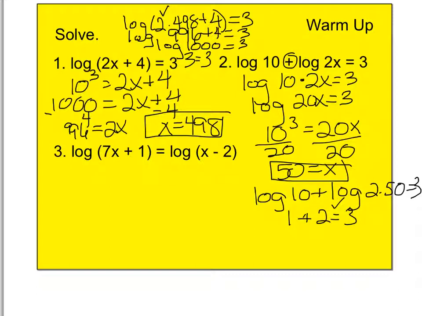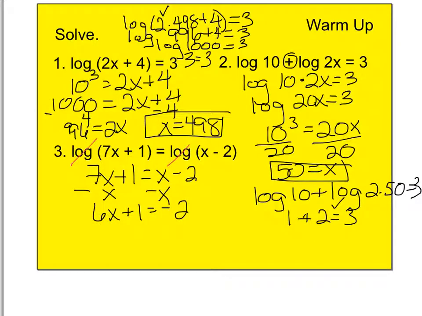Number 3, this is the one where since the logs are on opposite sides and have the same base, we can cross them out. And we're left with their arguments, which is 7x plus 1 equals x minus 2. So we're going to subtract x. So I have 6x plus 1 is equal to negative 2.